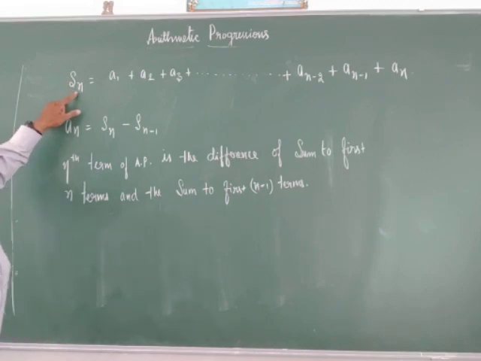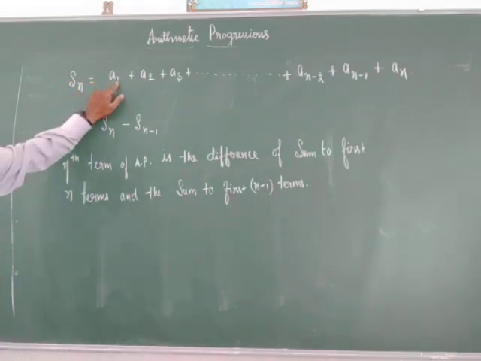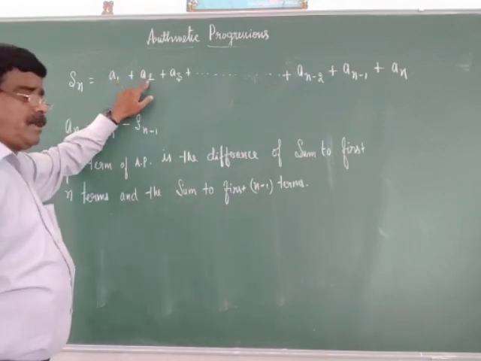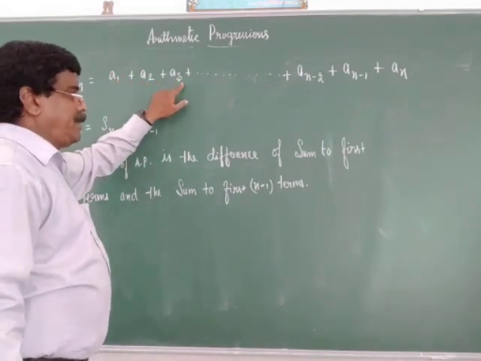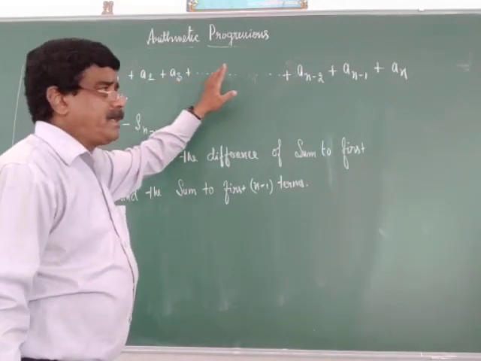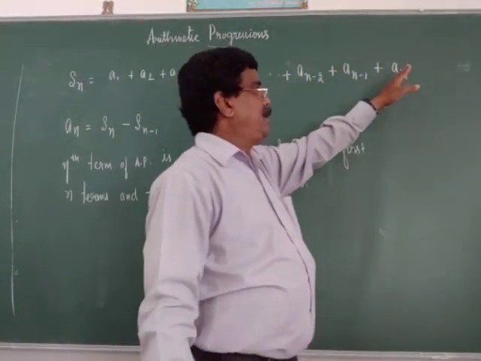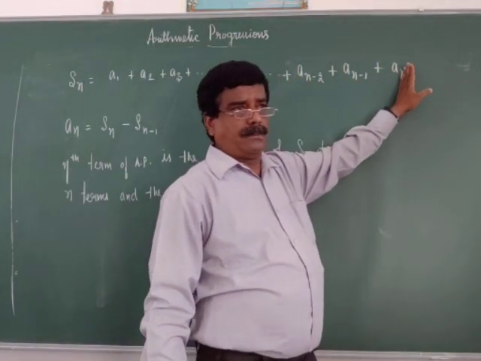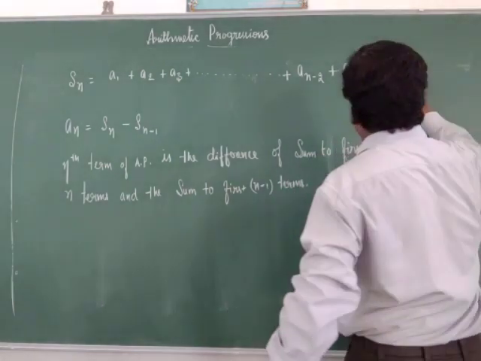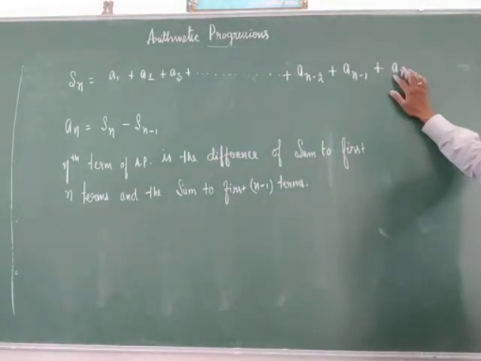Sum of n terms is, children, you must be knowing. First term is nothing but A1, second term A2, third term A3, fourth term A4. Like that you can go on writing till the last term, that is An. So An is the nth term.